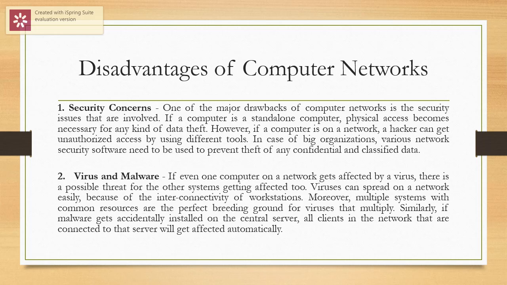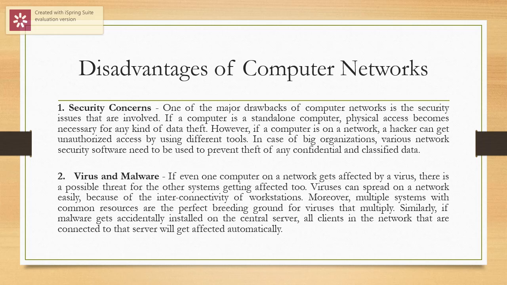In case of big organizations, various network security software needs to be used to prevent theft of any confidential and classified data. Second, we have virus and malware. If even one computer on a network gets affected by a virus, there is a possible threat for other systems getting affected too. Viruses can spread on a network easily because of the interconnectivity of workstations.